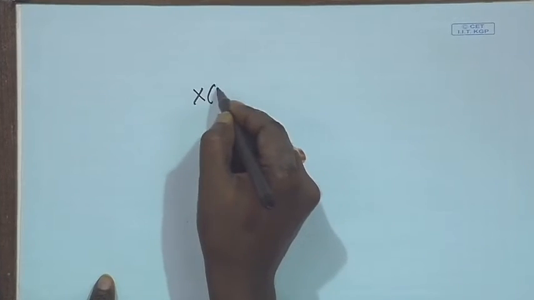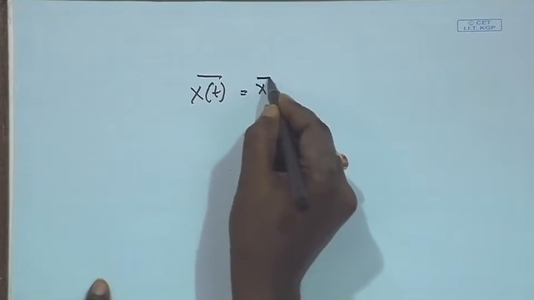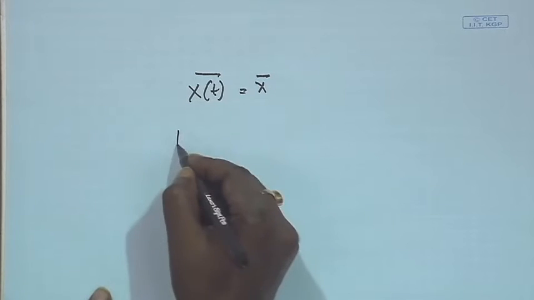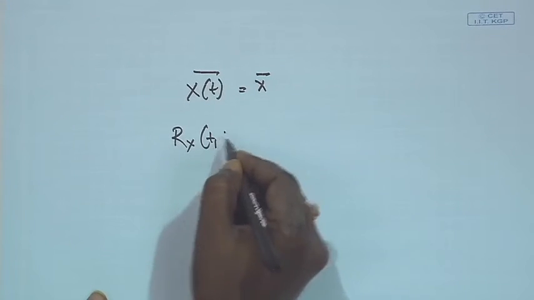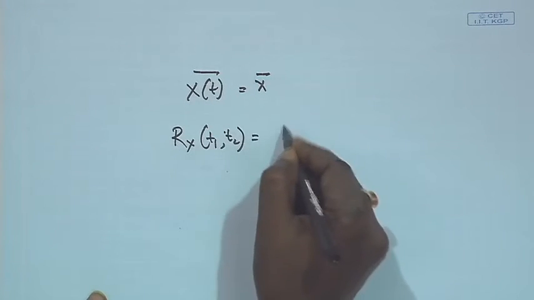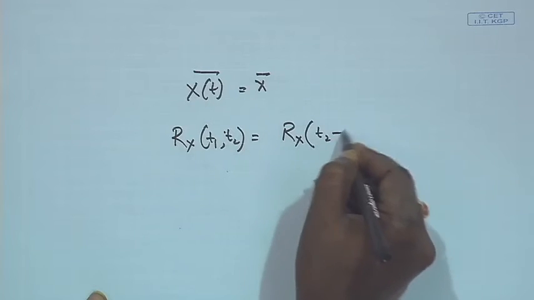But as you have seen, proving stationarity of a random process is going to be a daunting task. So, what we will do, we will be happy with just 2 orders. People are happy with 2 orders. We just say that x bar(t) is just x bar, does not depend on time, and Rx(T1, T2) is just dependent on the separation of them.